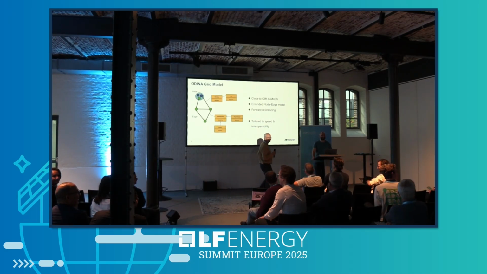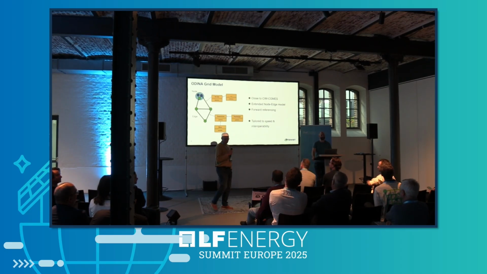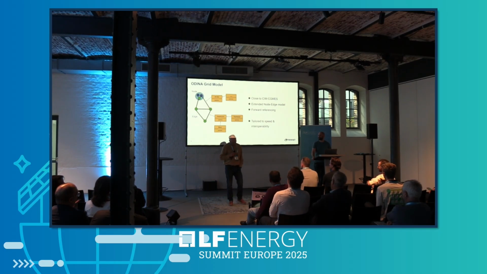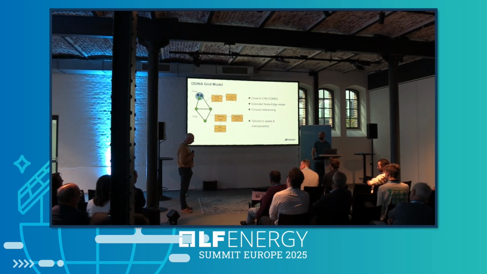I was wondering what kind of optimization methods you include. That's a good question, because I have to admit that we are using very simple linear programming. We also have quadratic programming for some other problems, but we're using basic linear programming.